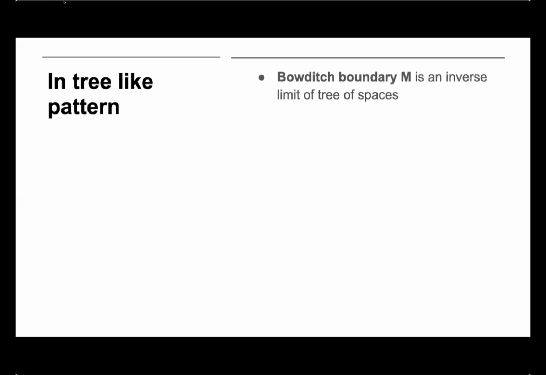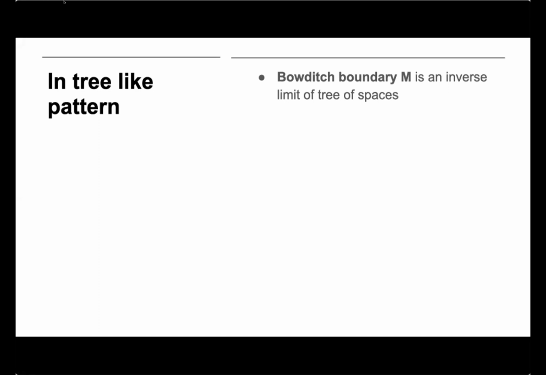And the blue ones will be singleton points, suppose. And what you do is, the data of the JSJ tree gives you a recipe to stick together the subcontinua in a tree-like pattern, and the sticking happens along the parabolic fixed points. And then you take the inverse limit of that.